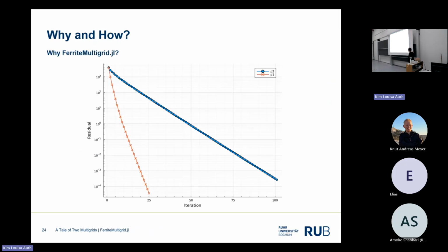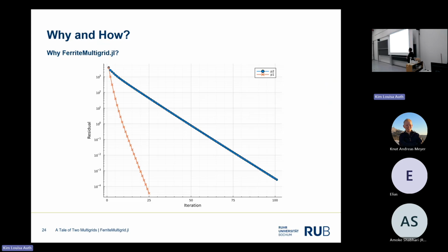And as you can see, this is the result. If you use AMG to solve a system that uses quadratic shape functions, the convergence begins to slow down. So this actually motivates us to develop another package, which is FerriteMultigrid.jl, and again, it's based on Polynomial Multigrid methods.